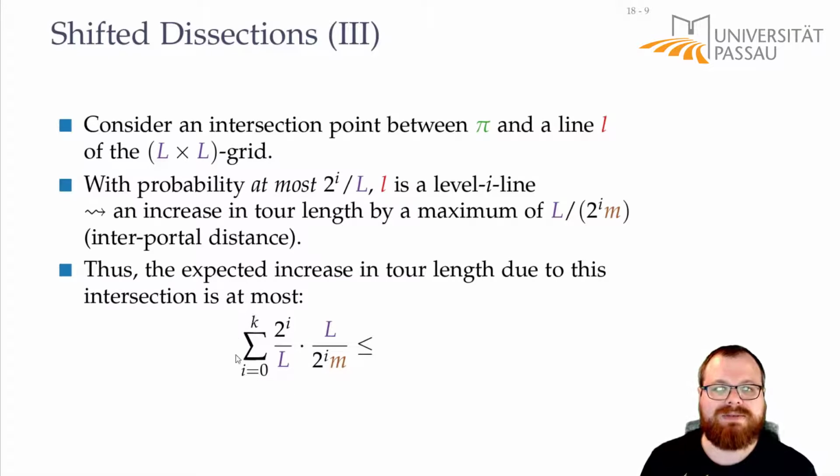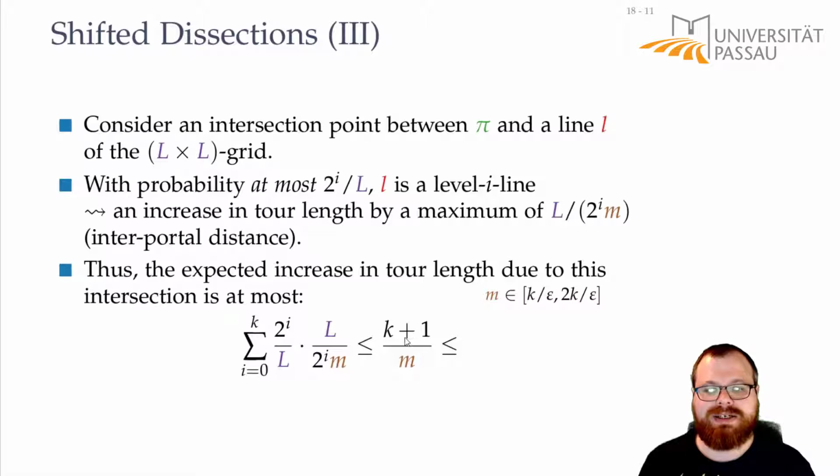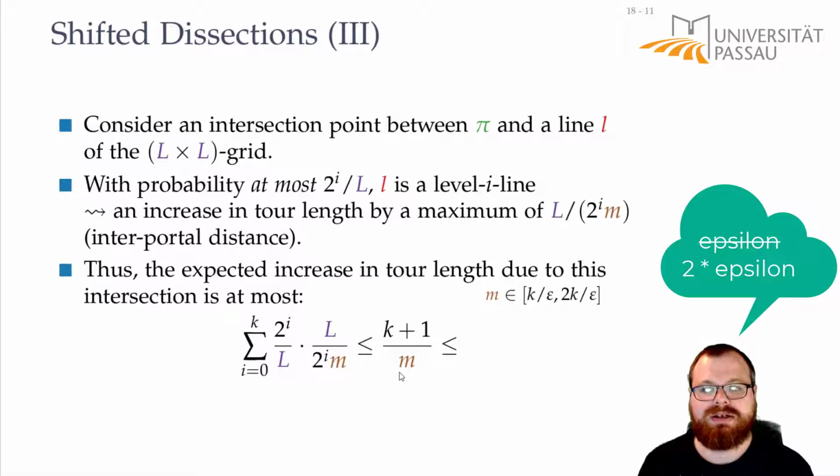And we have k plus 1 levels in total if we also count level 0, so it increases by at most k plus 1 over m. And how did we choose the m? The m was in the interval between k over epsilon and 2k over epsilon. So this is at least k over epsilon, and that means that this in total is at most k plus 1 divided by k over epsilon, which is at most epsilon.